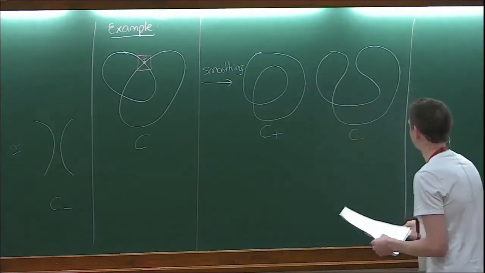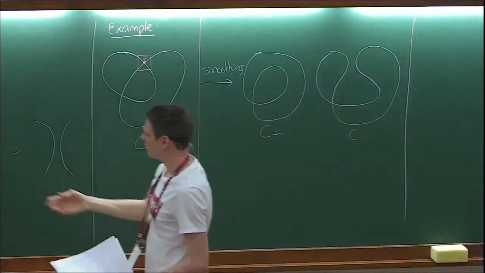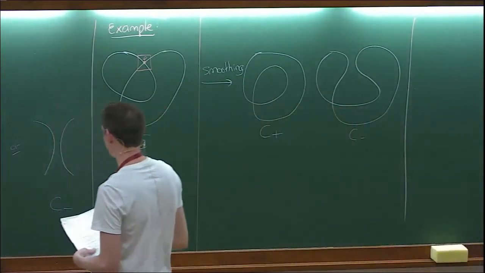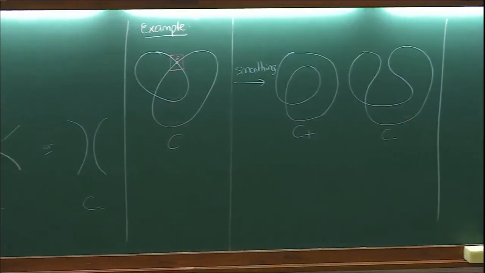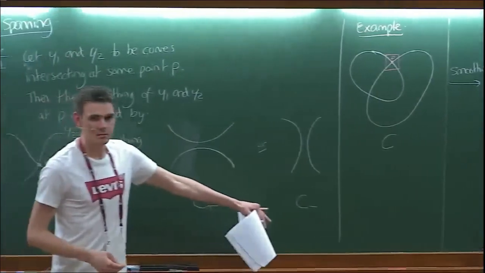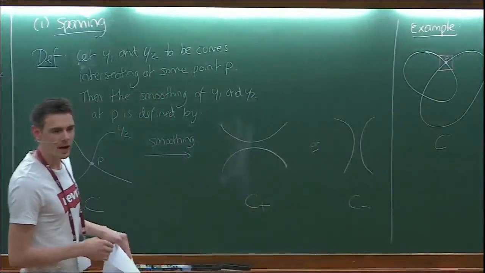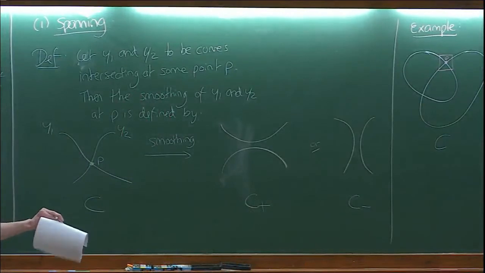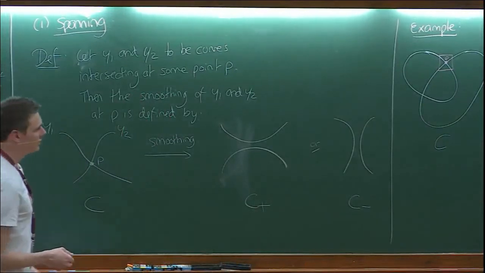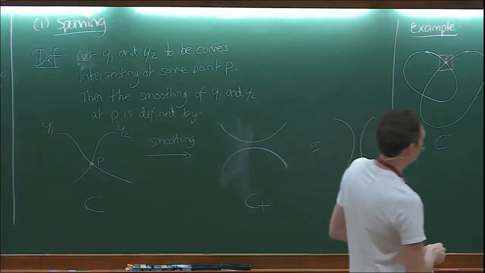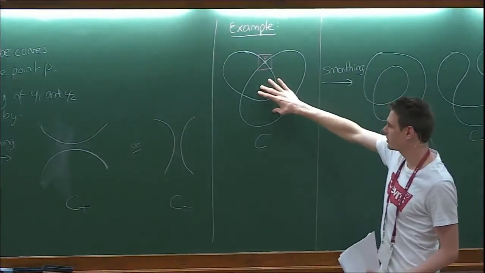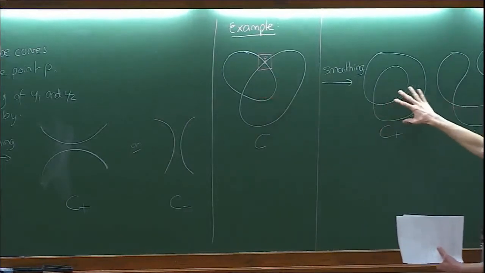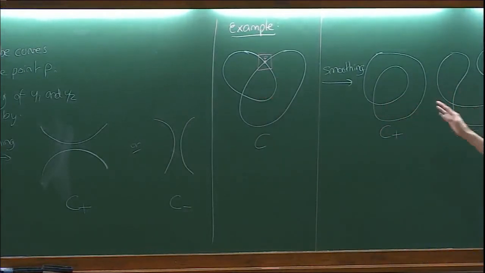Okay. And one thing to note from this procedure is that C plus and C minus might have different cardinality of arcs, right? In our example, we had two curves here, and then it's split into one arc here and one arc here, and it can also go the other way around.